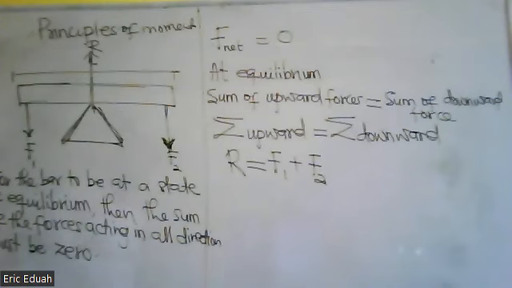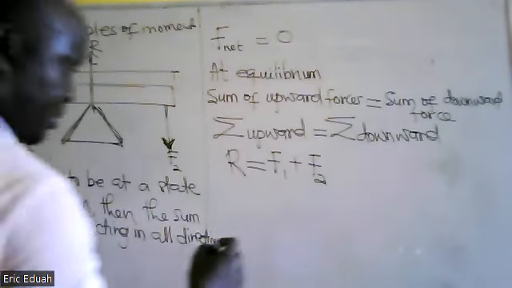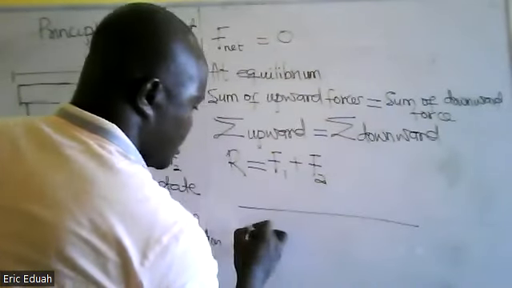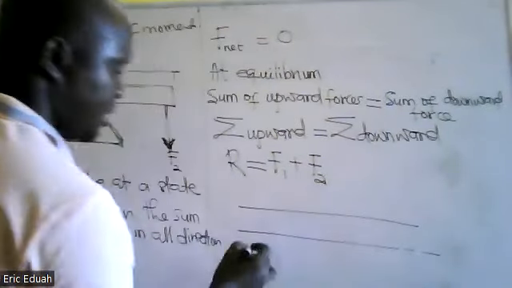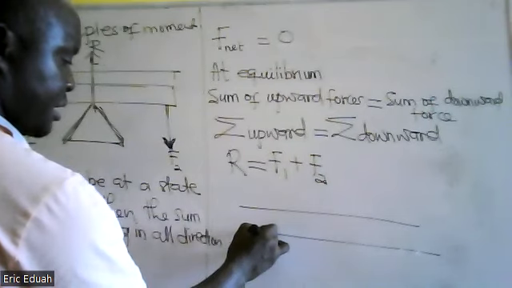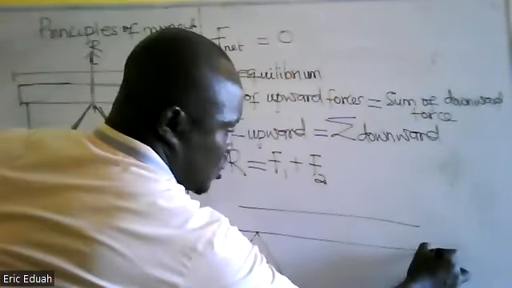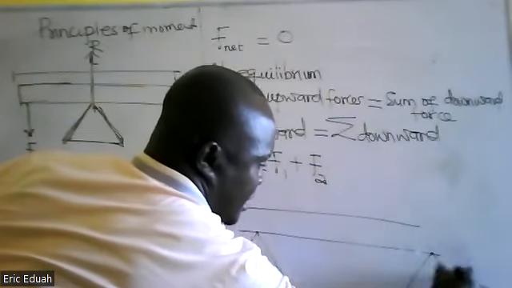So how do we build bridges? You see, in building a bridge, if this is the road, there's a support here, there's a support at the other end.